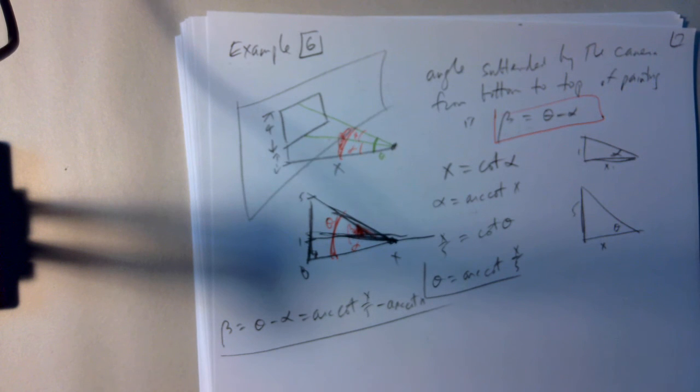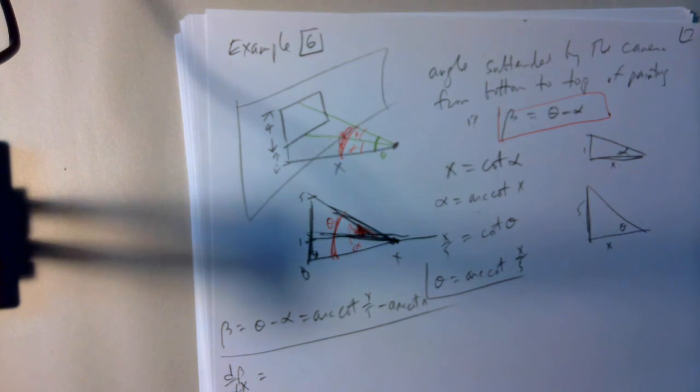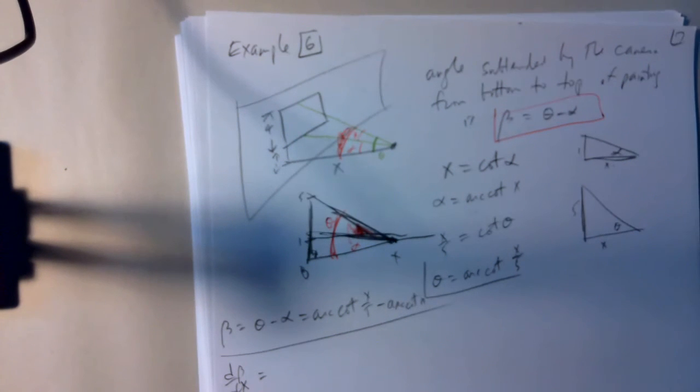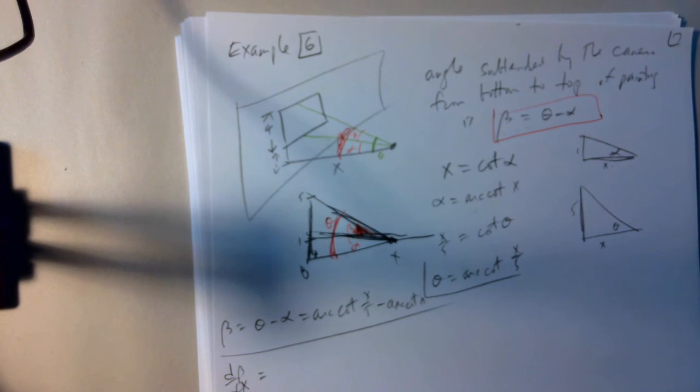Now, beta is a function of x, and we want to maximize beta. So we want to find d beta dx. So you have to know the derivative of the arc cotangent. The derivative of the arc tangent is 1 over 1 plus x squared, and the derivative of the arc cotangent is the negative of that, minus 1 over 1 plus x squared.